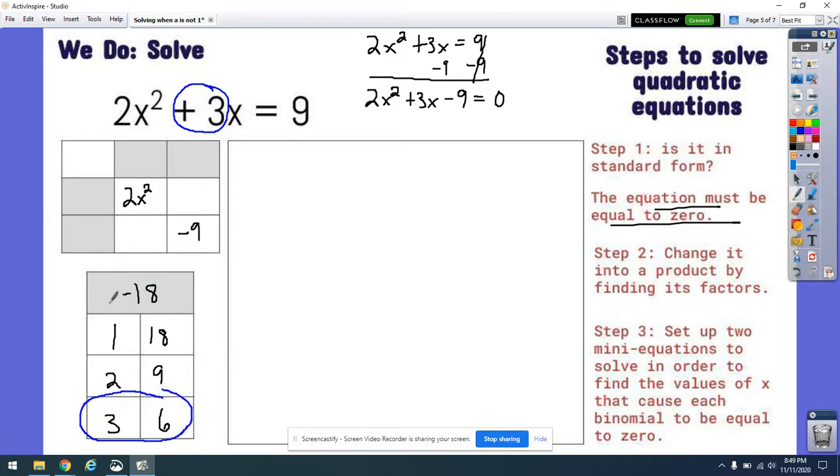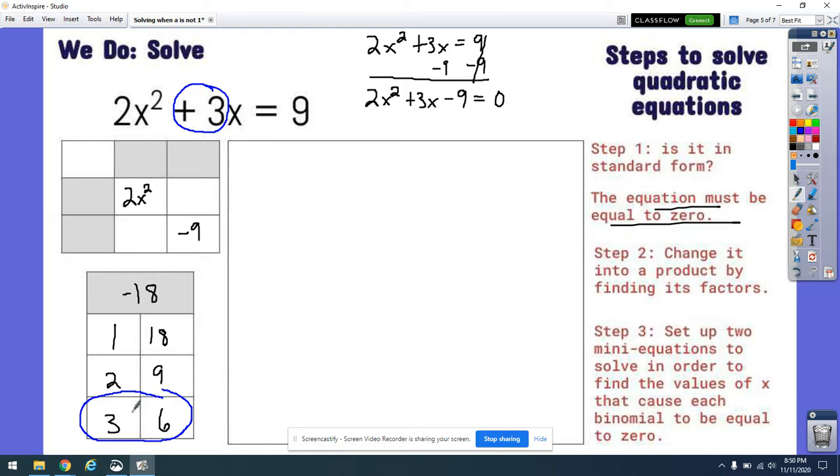Now think about your multiplication. If I want to get a negative number, what do the signs have to be? If you said one's negative, one positive, you're right on track. One has to be negative and one positive. The sign on the middle term helps us determine which is which. I always look at this as a +3.